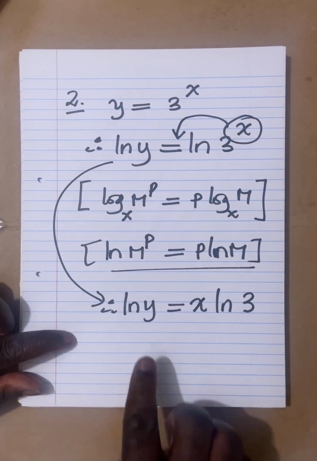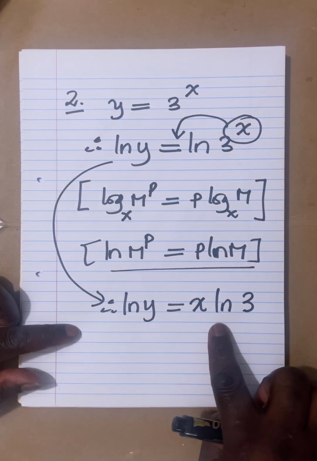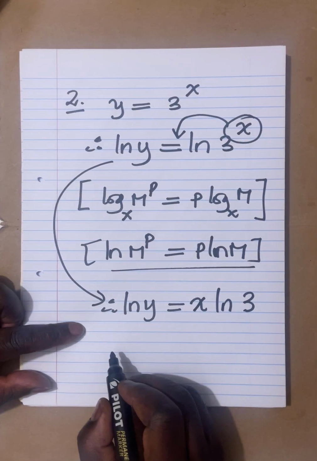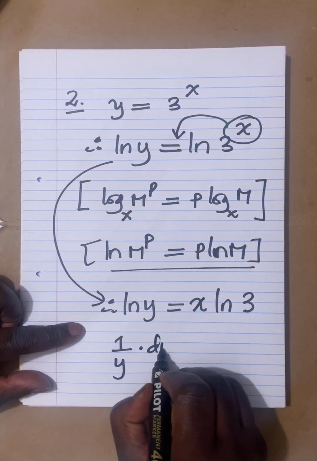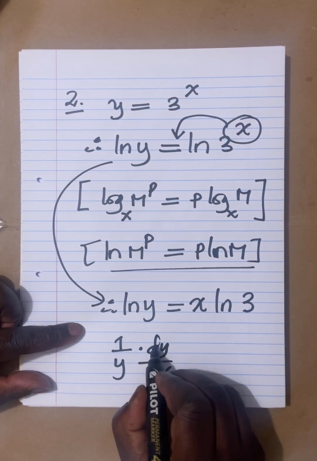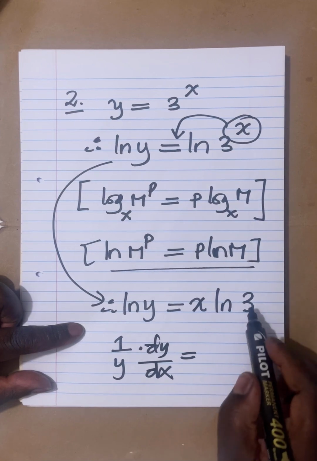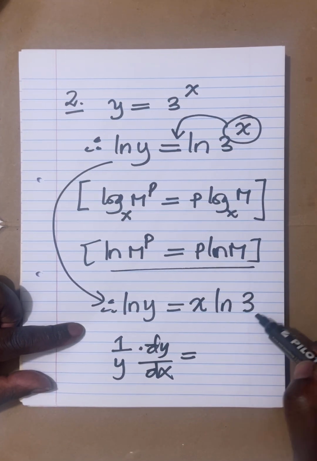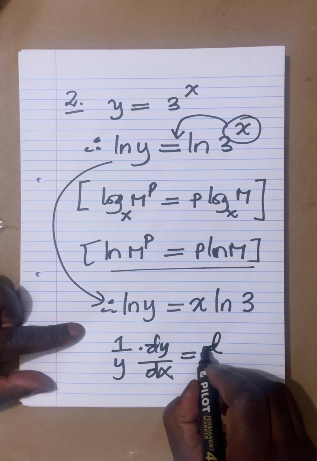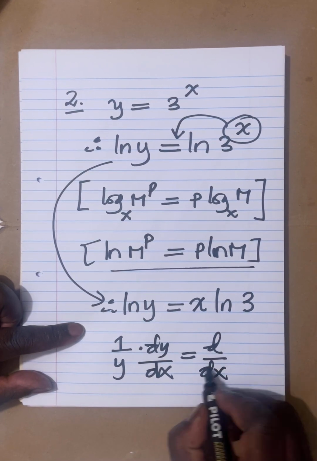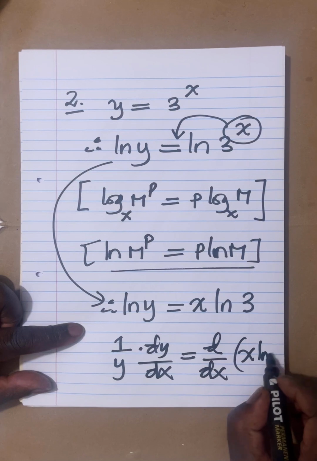And remember, I have to differentiate on the left and on the right. Now, differentiating this, remember the rule says 1 over y times dy dx, and this will be equal to the derivative with respect to x of x ln 3. ln 3, remember, is a constant and derivative of x is 1.